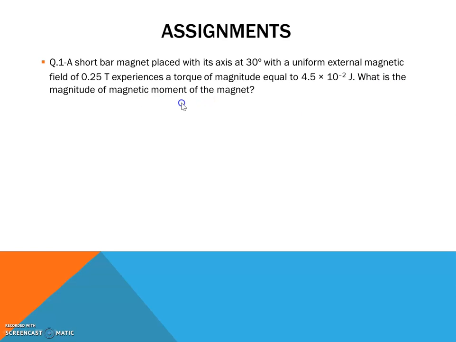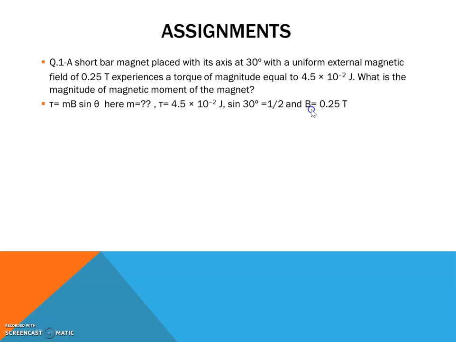So it is clear to you what you have to use. The tau equals mB sin theta will be used here. You have to find m, that is the magnetic moment of the magnet. Tau is given as 4.5 times 10 to the power minus 2 joule. Angle is theta, so sin 30 degrees will be 1 by 2, and magnetic field is of magnitude 0.25 Tesla.